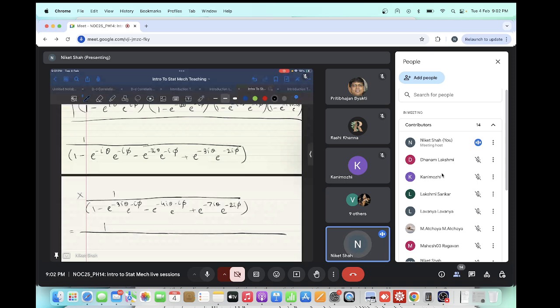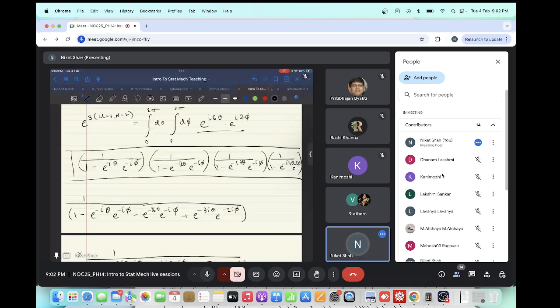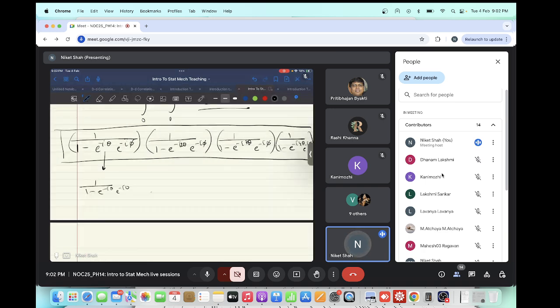I think actually a much better or easier approach would be, rather than actually multiplying out entire factors, what we can do is individually, we know that 1 upon 1 minus e raised to power minus i theta, e raised to power minus i phi is actually the sum of a GP, which will give me 1 plus e raised to power minus i theta, e raised to power minus i phi, plus e raised to power minus 2 i theta, e raised to power minus 2 i phi, plus so on up till infinity, right?